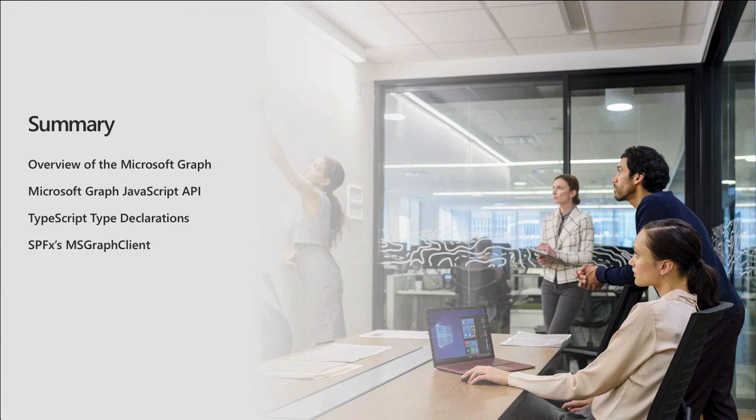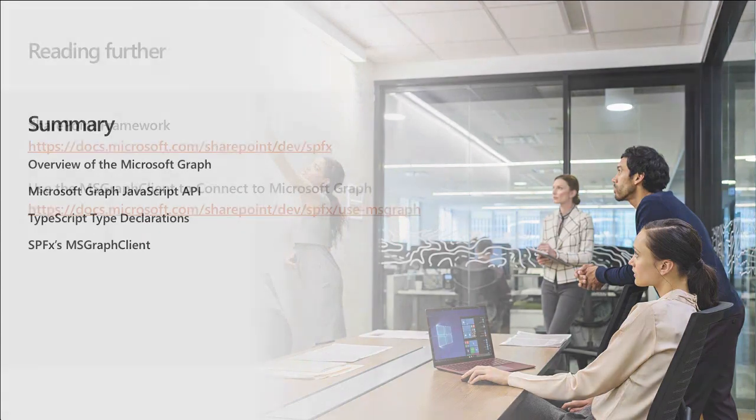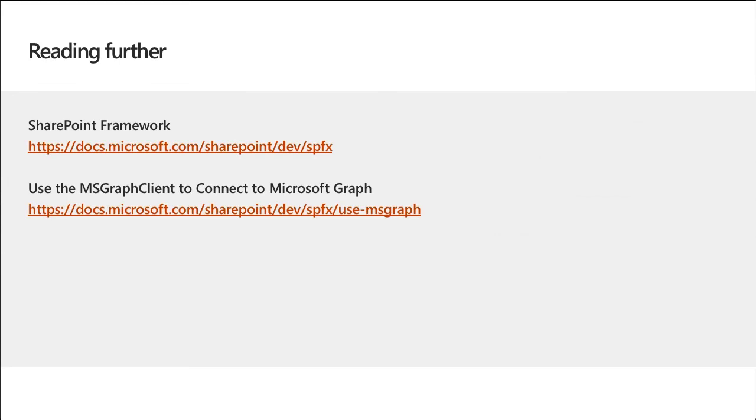And then after that, in this last section, we saw how we could call the Microsoft Graph. I've included a couple extra resources here that you could reference throughout your development to learn more about how to call these third-party services.